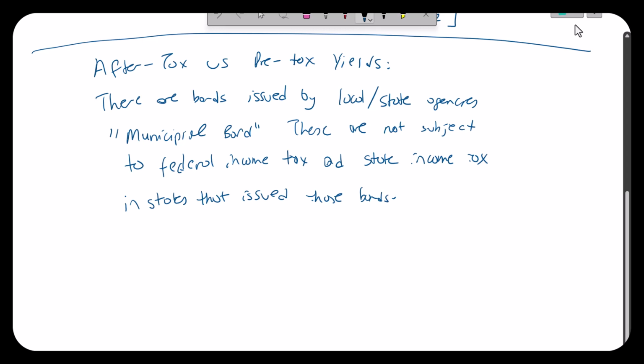So if you buy a bond issued by EKU, any interest that you get on that is neither considered income for federal purposes nor for state income purposes.